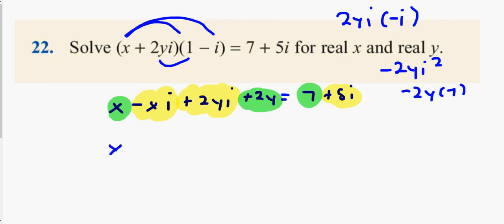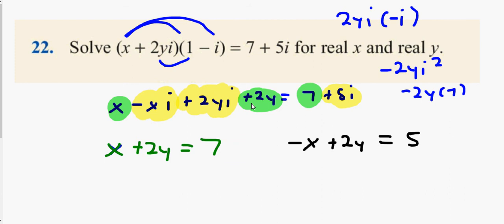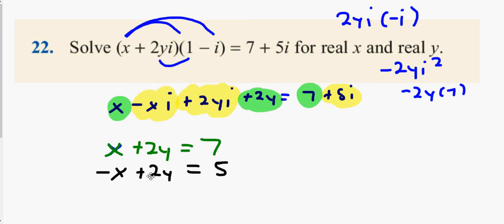Alright. x plus 2y equals 7. What's the other one? Minus x plus 2y equals 5. And we're quite fortunate here, why?